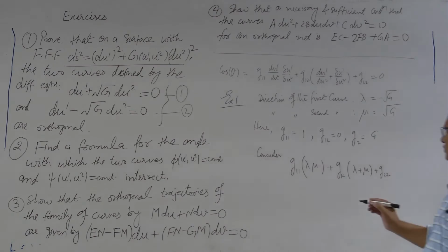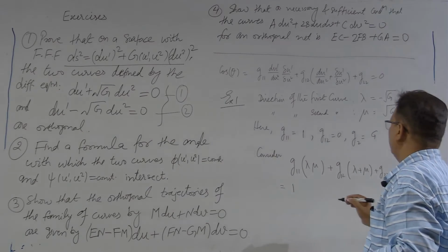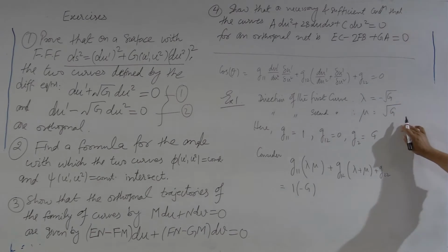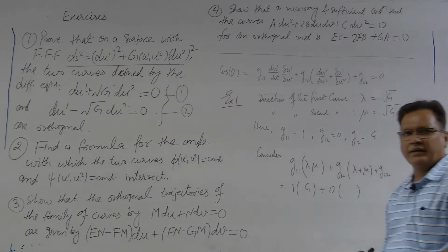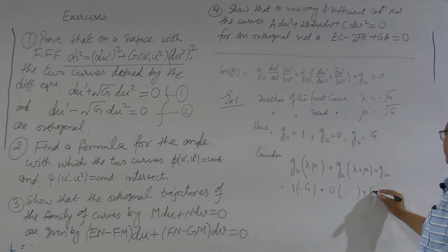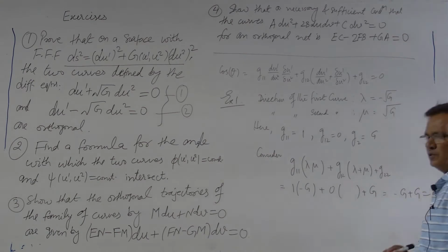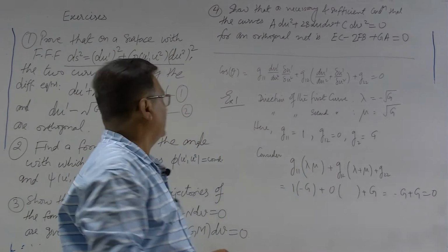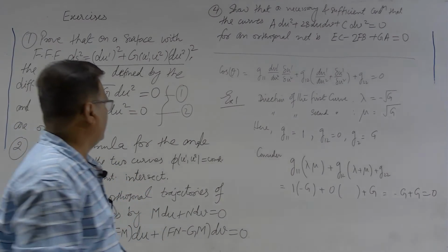So, G11 is 1, lambda into mu is minus g, under root g into under root g is g, plus G12 is 0, 0 multiplied by anything is 0, plus G22 is g, and that comes out to be minus g plus g, which is 0. So, that proves that yes, these two curves are orthogonal to each other on the given surface. So, this resolves the first problem.